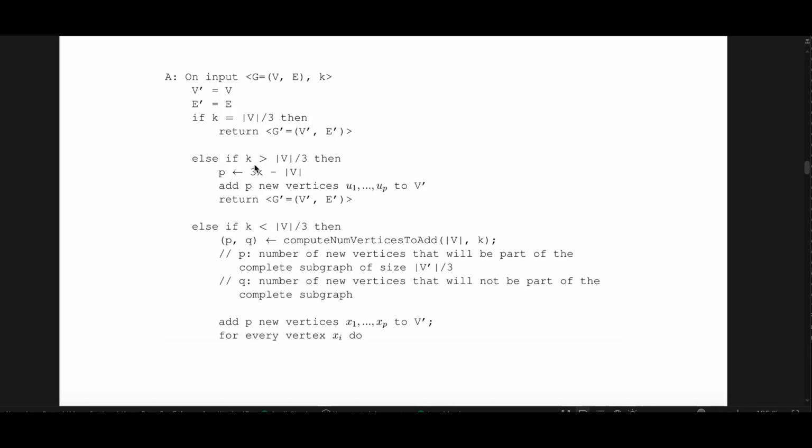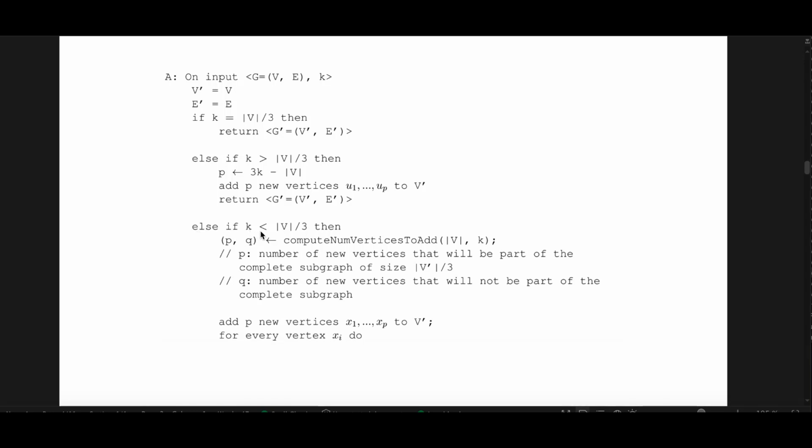Else, if K is larger than V+ over 3, then P is given by 3 times K minus the number of V. Add P new vertices u1, u2, ..., uP to the V+, and then return the graph.